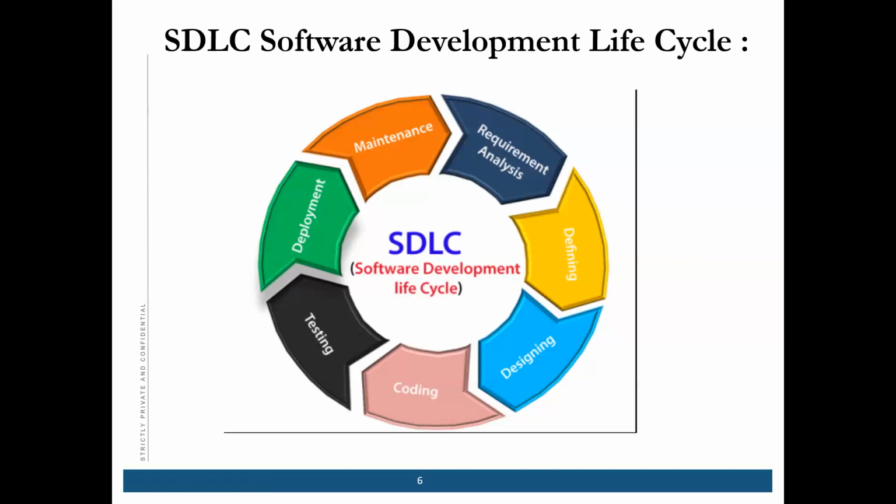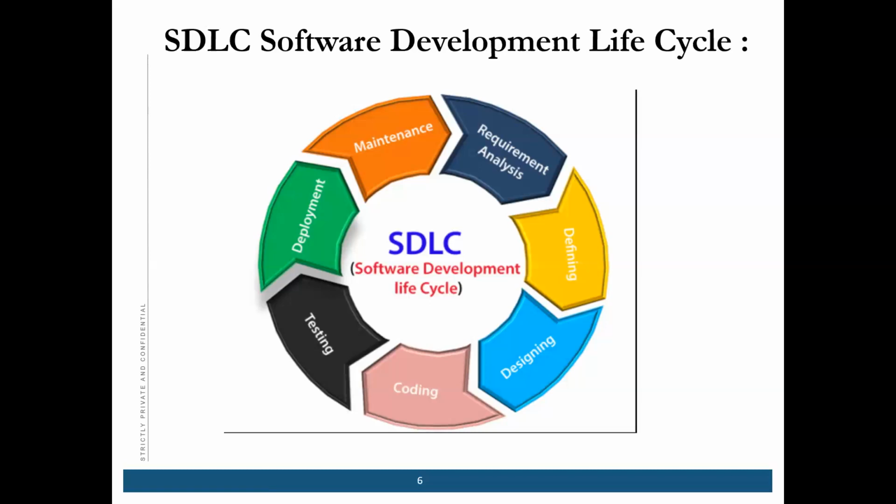When we get a project, first the BA's job is to get the project. They tell the client that we have a good team, we are able to perform well and meet the requirements you have, and you can give us the project. So this is the work of the BA.